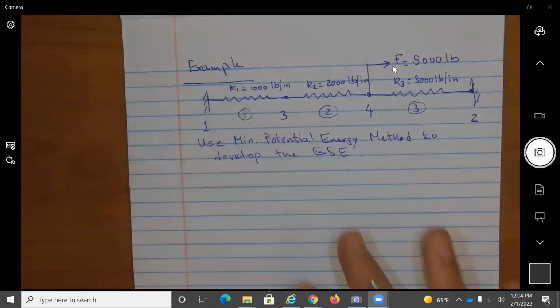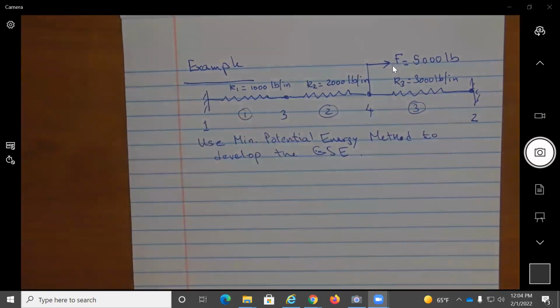And of course, we can use the direct method to quickly assemble the global stiffness matrix for this system like we've done earlier. But we want to apply the energy method.